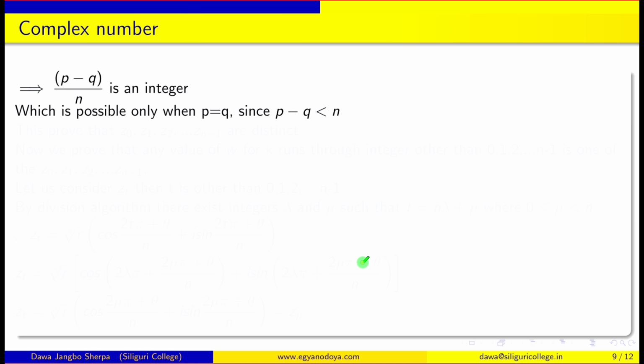We know that p and q are integers less than or equal to n minus 1, so their difference will be less than n. The lesser quantity divided by the greater quantity is not an integer.